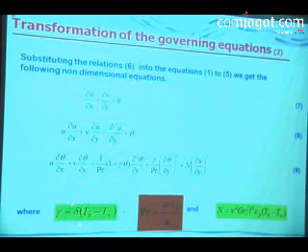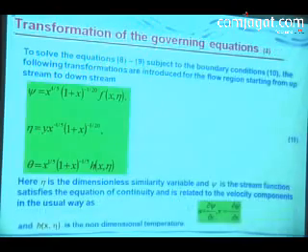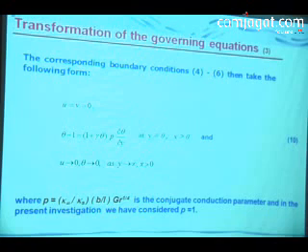Number one, the thermal conductivity variation parameter, the Prandtl number, and the viscous dissipation parameter. And this is the boundary condition for the variables, and here is another parameter, T. T is the conjugate parameter, and in the present investigation we consider T equal to 1.